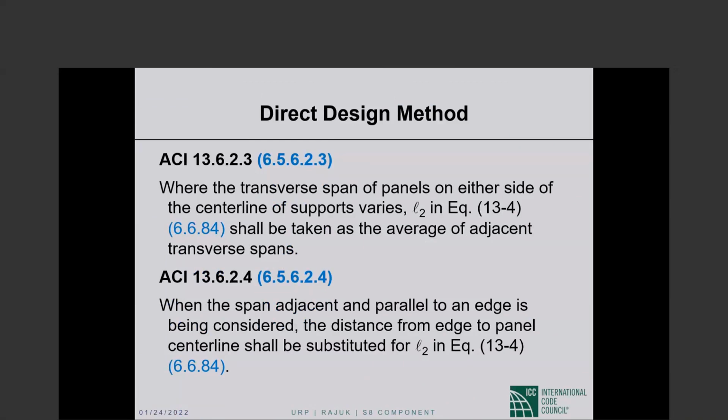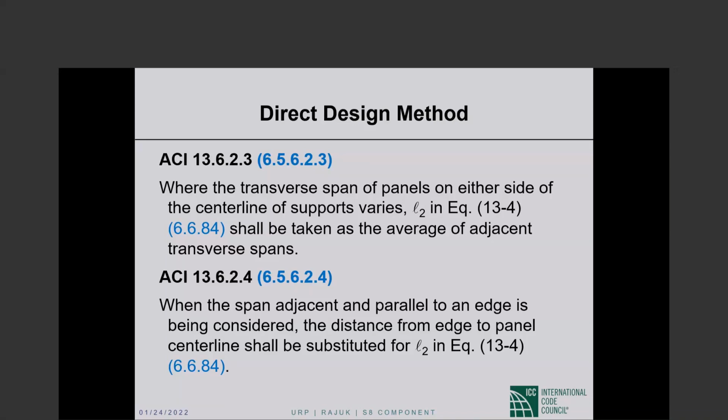Where the transfer span of panels on either side of the central line of supports varies, L sub 2 shall be taken as the average of adjacent transfer spans. I think that is understandable upon reading.